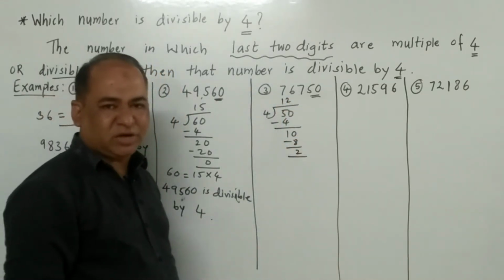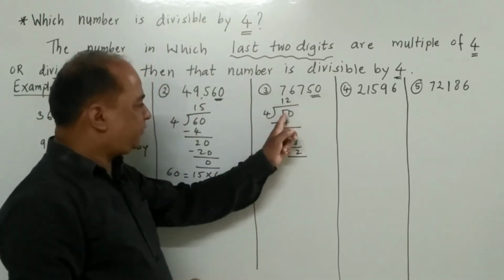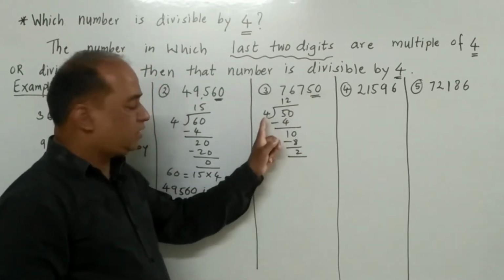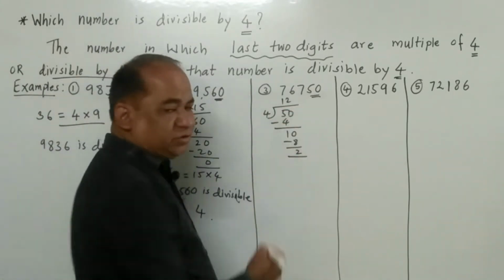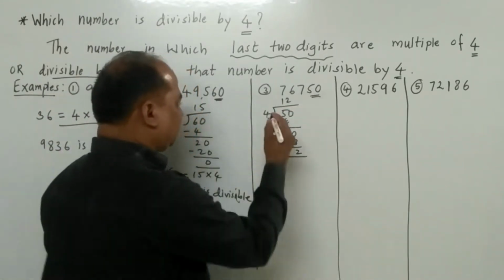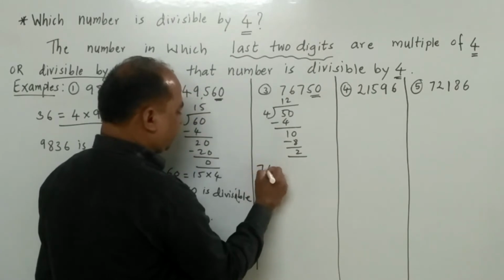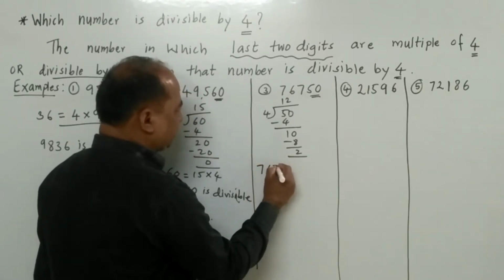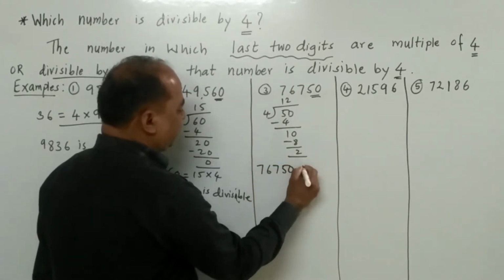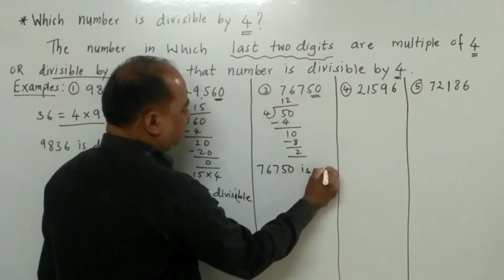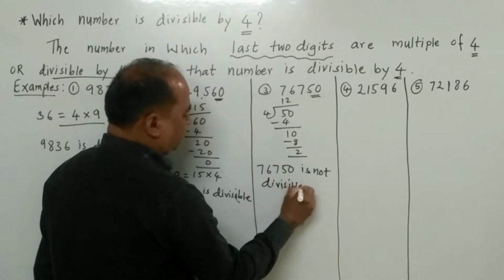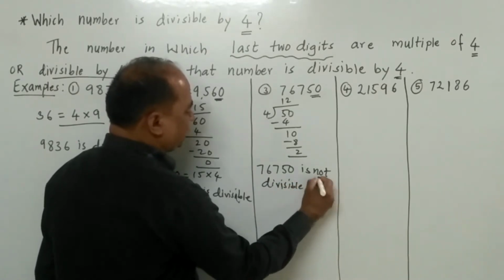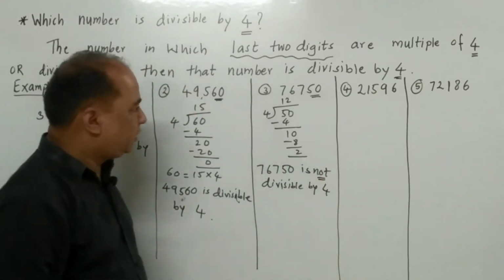So 50 is not completely divisible by 4. So it is not a multiple. 50 is not coming in the table of 4. So this number 76,750 is not divisible by 4.